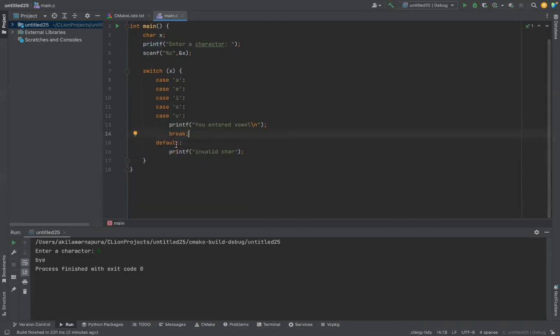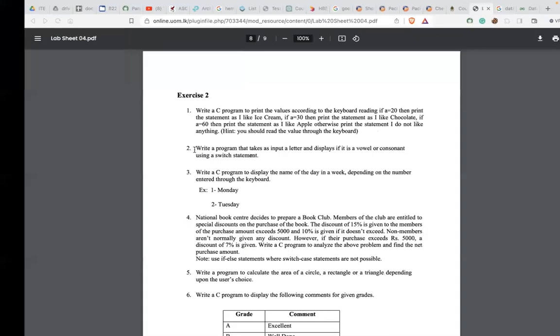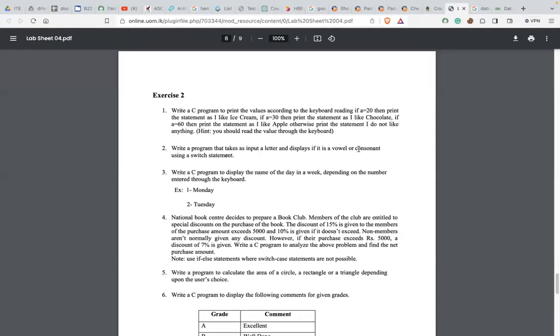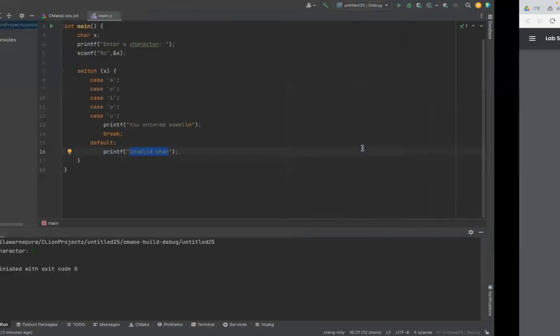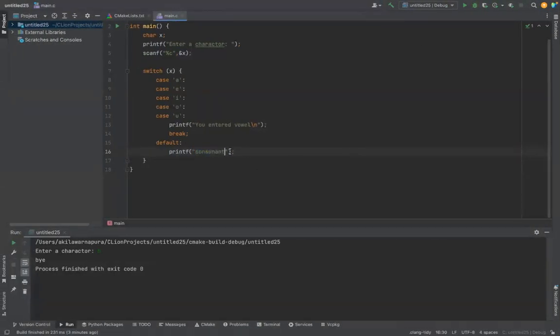That means the default case: the user's entered value does not belong to any of these cases, then it jumps to the default case. In the default case, we can print consonant. You entered consonant.